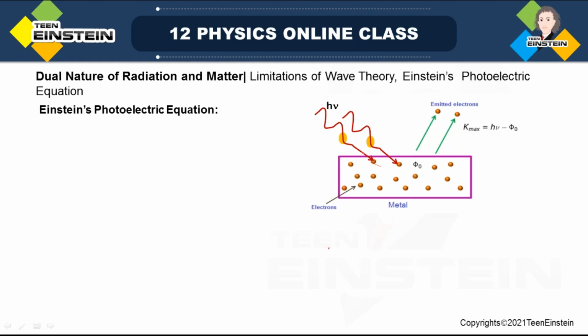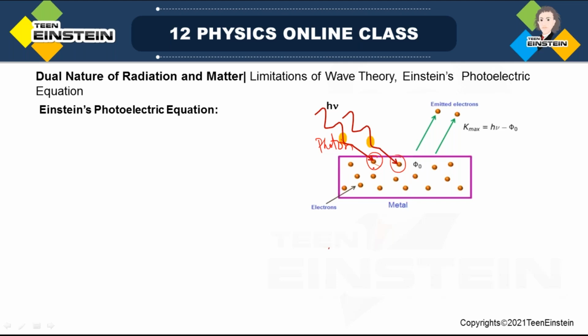So these photons, acting as particles while interacting with the electrons of the metal surface, will transfer their energy to the free electrons on the metal surface through collision.